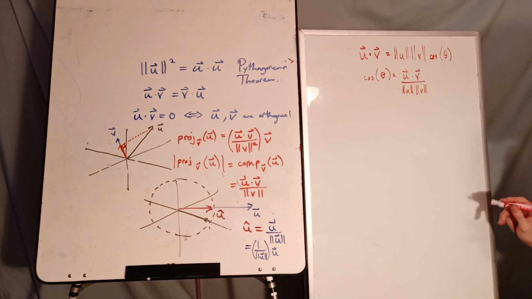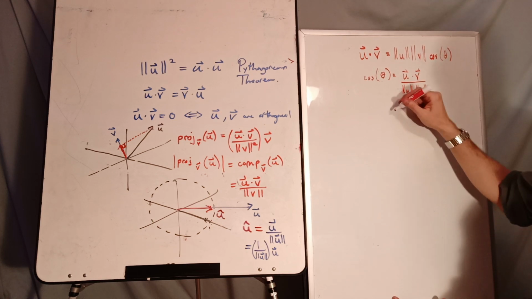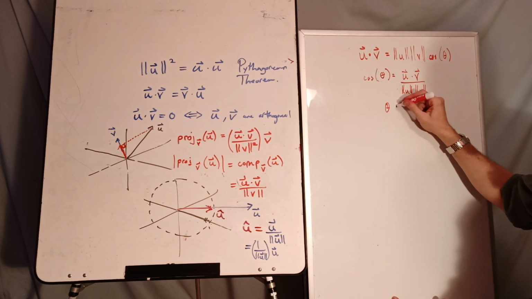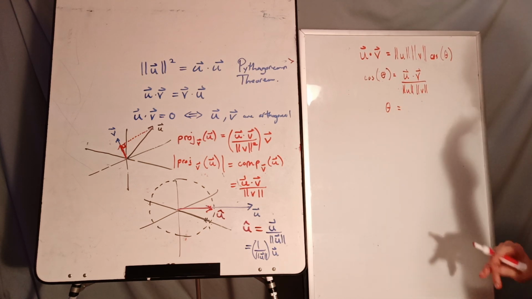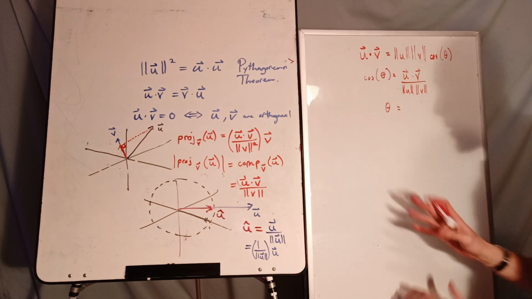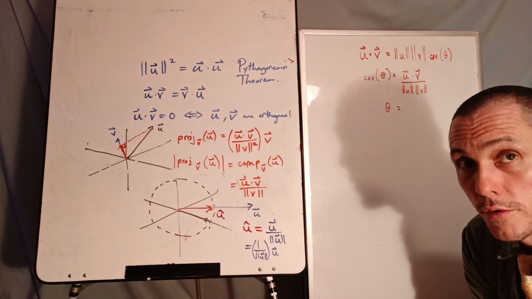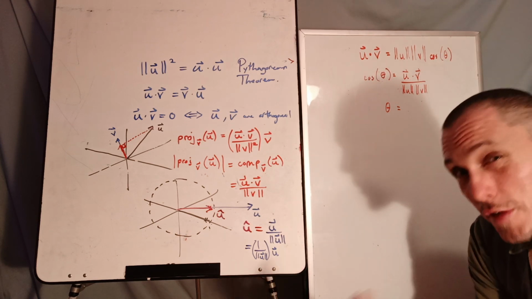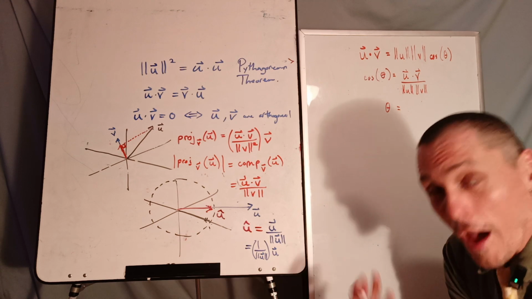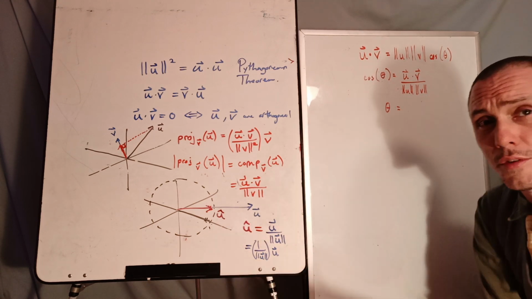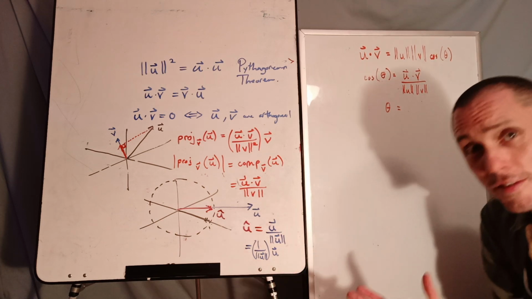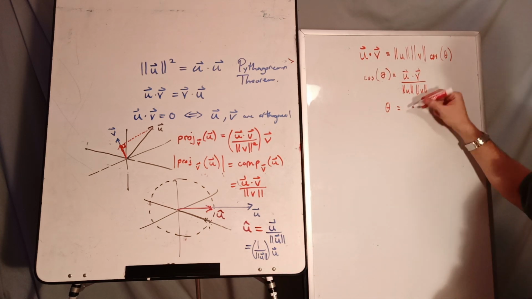And in the same way that we would solve a trig problem for this, we could solve for theta, or at least up to multiples of 2 pi and up to sign, because cosine is even. So that means cosine of theta and cosine of negative theta give you the same thing. So how could you ever discern between theta and negative theta if all you knew was cosine? You can't. So we can only get this up to a certain degree.